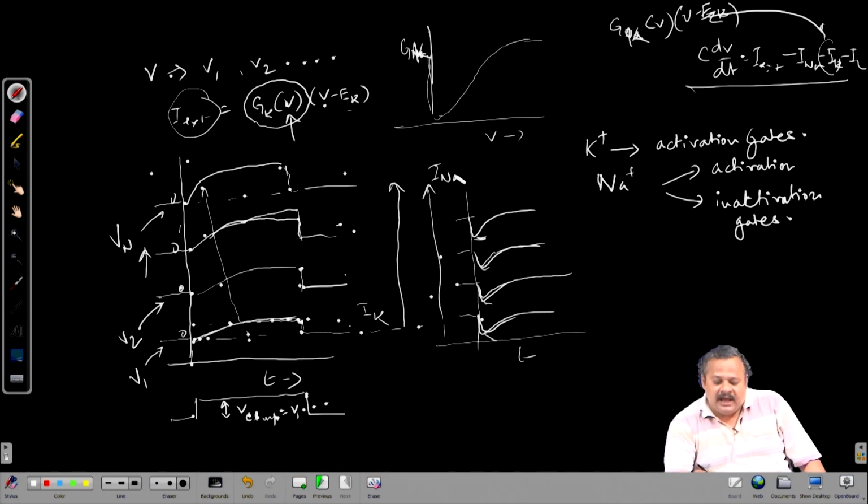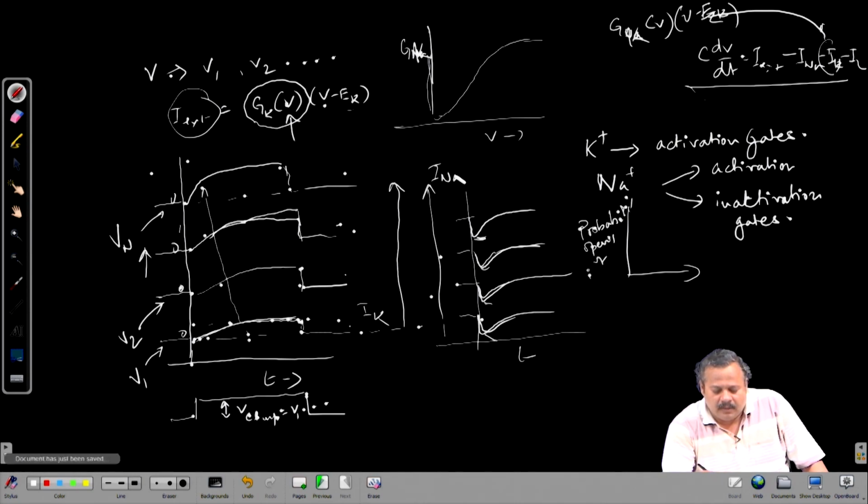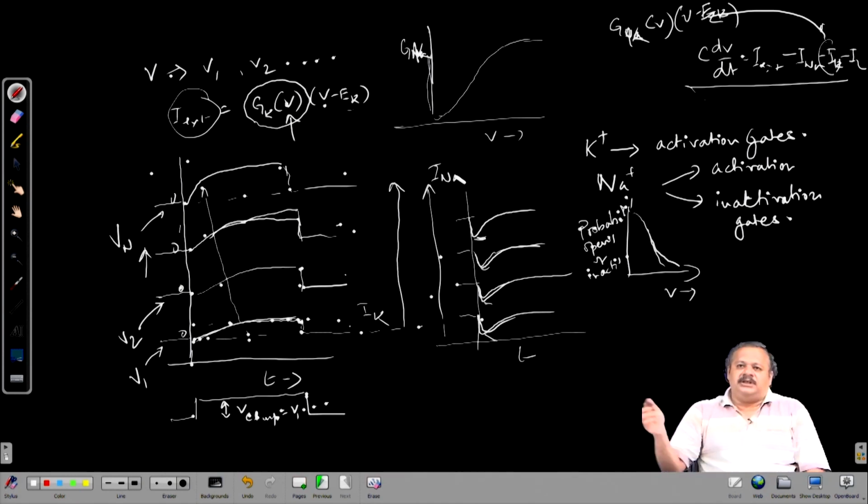That is, if we think of the probability of opening of inactivation gates as a function of voltage, they keep on dropping as the voltage increases. Where it goes, those particular details we will be covering in our next discussion on the Hodgkin and Huxley equation.